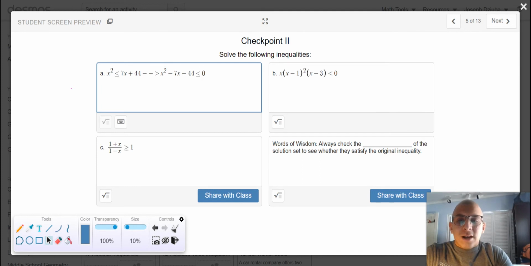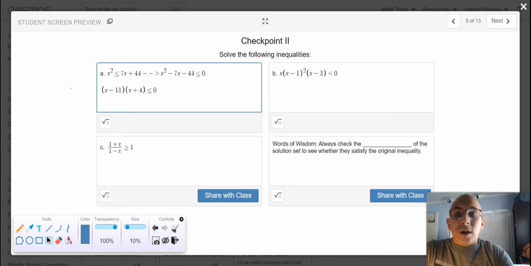And then I could, if I wanted to, factor this expression. So this expression is going to factor as x minus 11 times x plus 4 greater than or equal to 0.